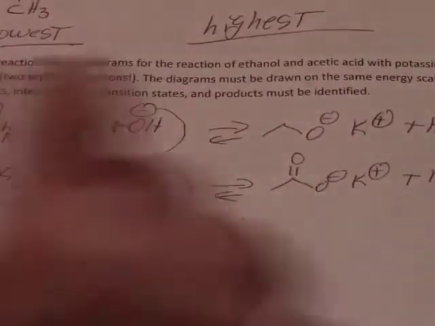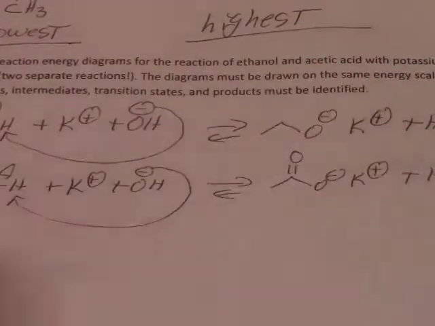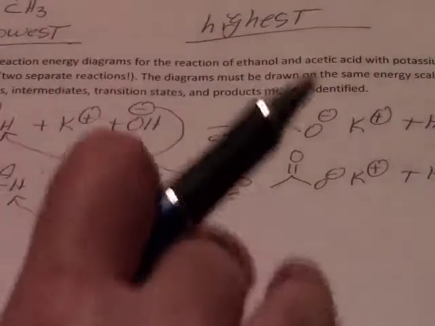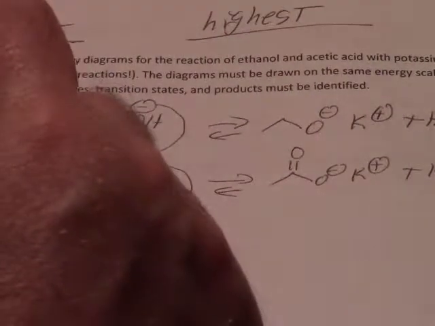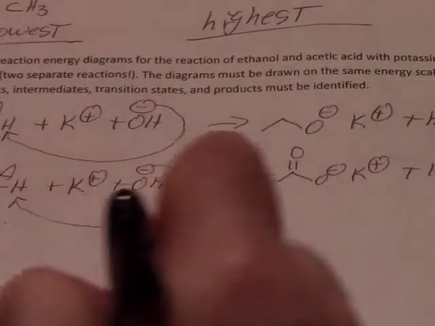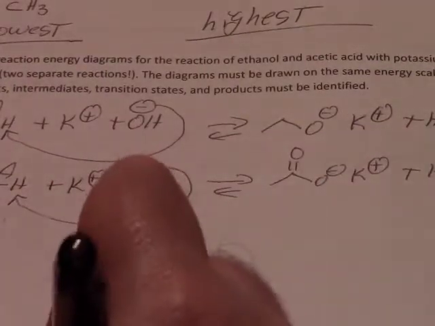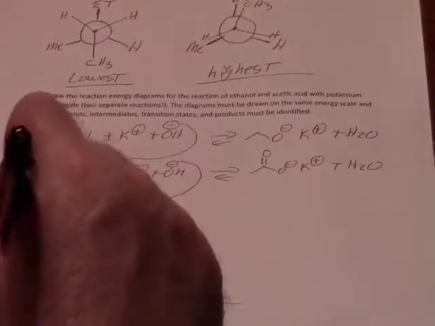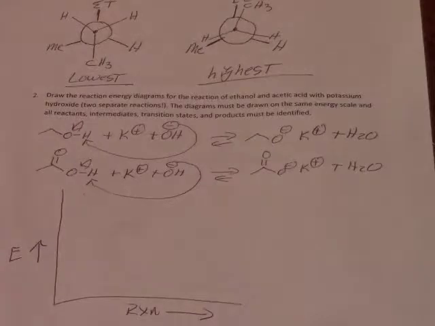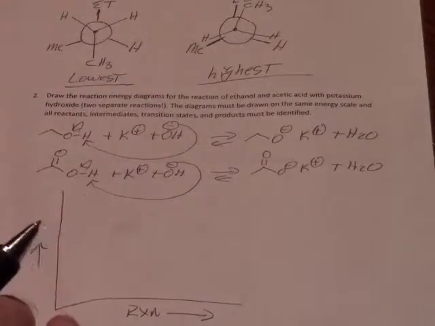And this time the reaction lies to the right because of the pKa differences. Now we need to draw these two reactions on an energy diagram. So we have the reaction coordinate on the x-axis, and we have energy on the y-axis.